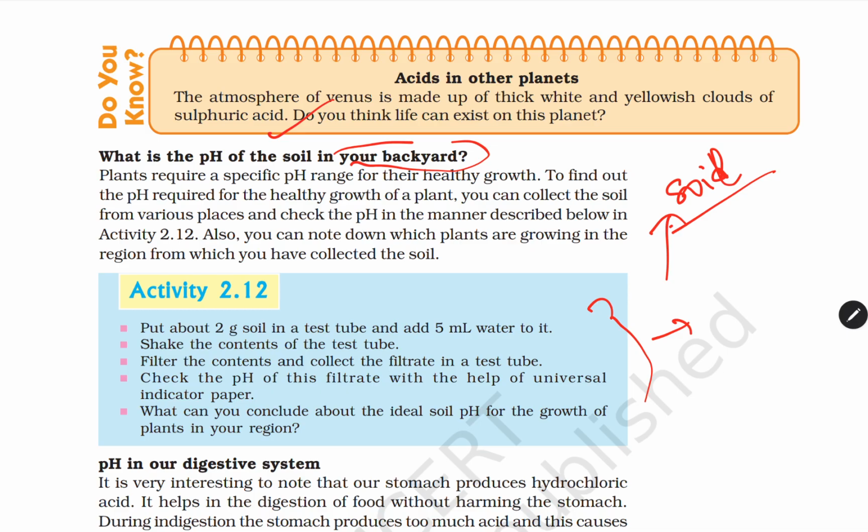You can find the color change in that indicator, and you can identify whether the soil is acidic or basic. If it is more acidic, then you have to neutralize it. For that you can use lime, CaCO3, and add it to the soil to make it balanced. Some techniques are used like that.